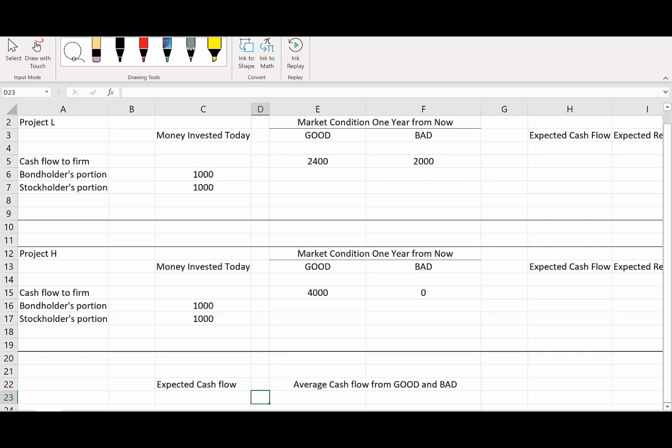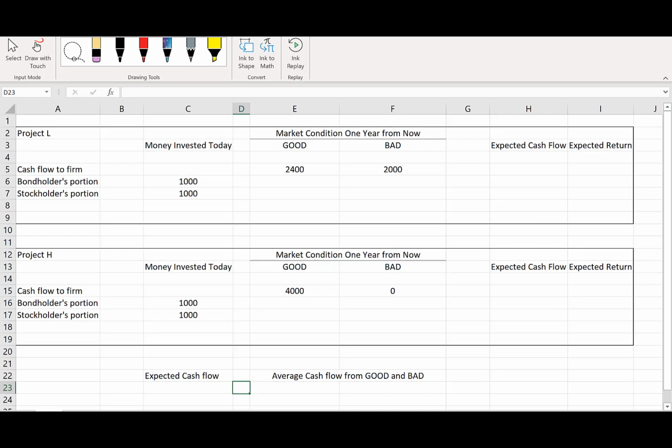I've copied the same example and written it down in Excel to help us with the calculations. Let's first look at Project L, the low-risk project. Bondholders and stockholders each will invest $1,000. Depending on how the economy is or how well the company performs, the company will generate different cash flow.